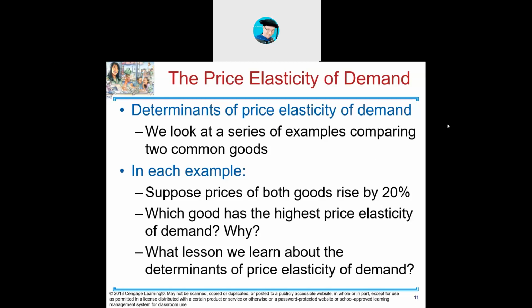So let's say we've got two products, and the sales price rises by 20% for both. The highest price elasticity of demand would be based on the willingness of the consumers to buy either of the two products based on that change in price.